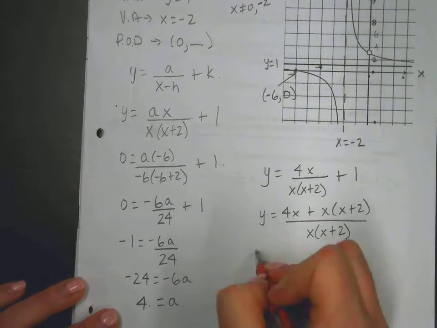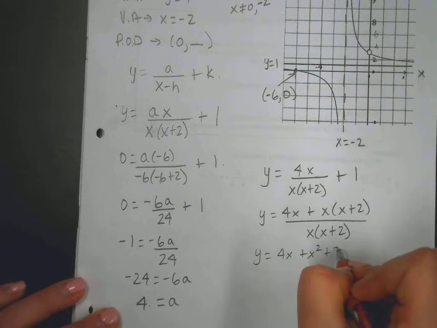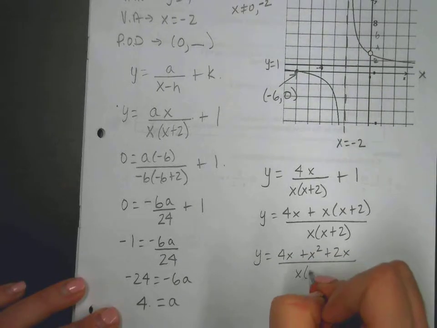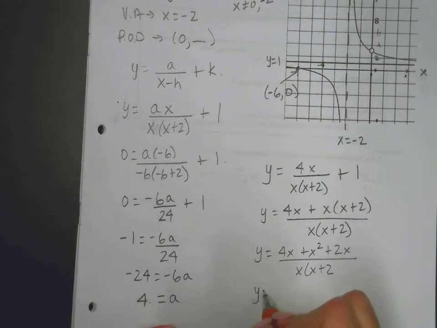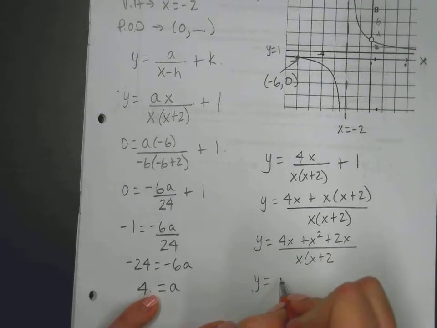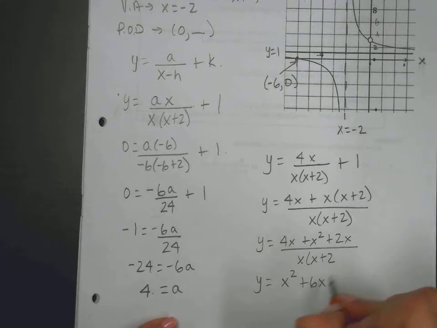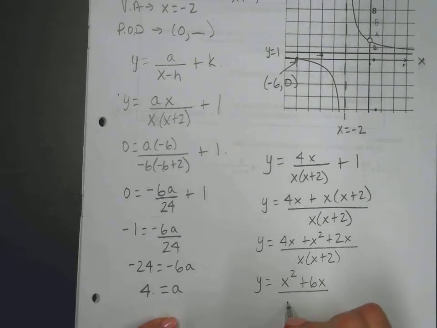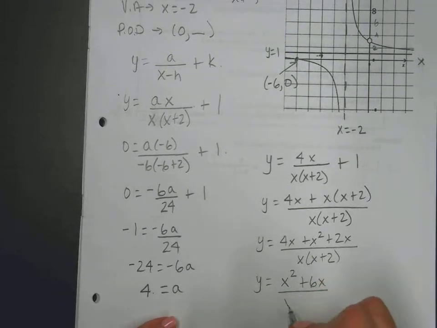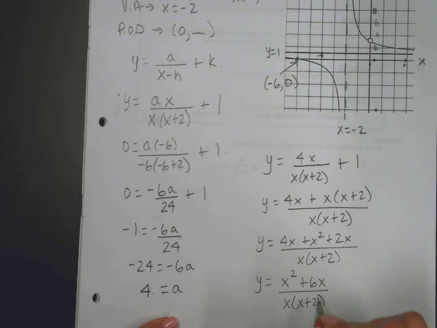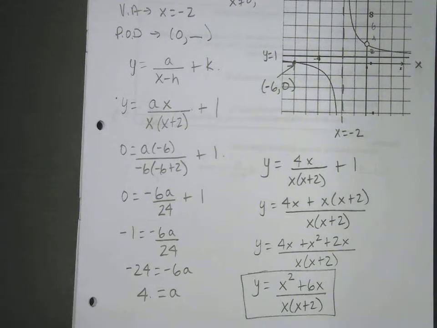I'm going to run x through my set of brackets, and then I'm going to collect like terms. So my final rational expression would be x squared plus 6x all over, and you could run this through your brackets in your denominator or not, x times x plus 2. So that would be your final simplified single expression.